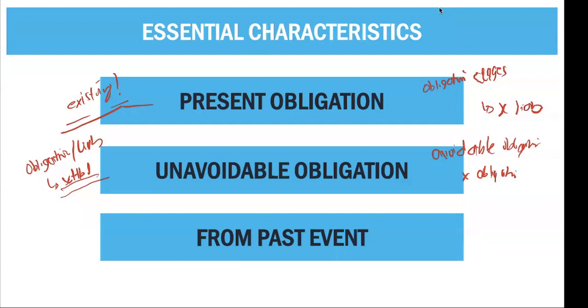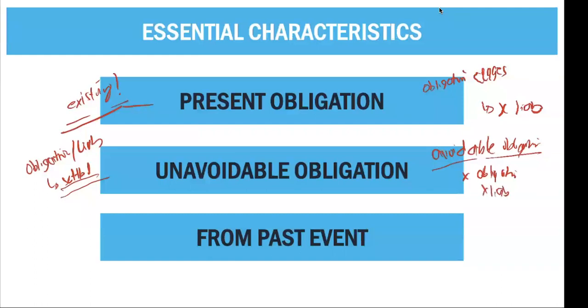Then it is proper to not include it as a liability, but rather remove it in your books because it is avoidable, right? So we can say a liability is considered as such only if it can be settled. Remember that. There must always be a settlement of that liability, which results to an outflow of economic benefits. Because if that obligation or liability is avoidable, then there's no obligation at all.